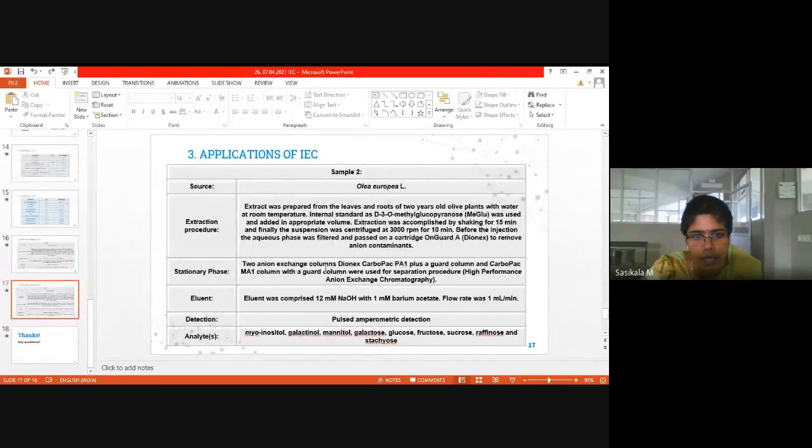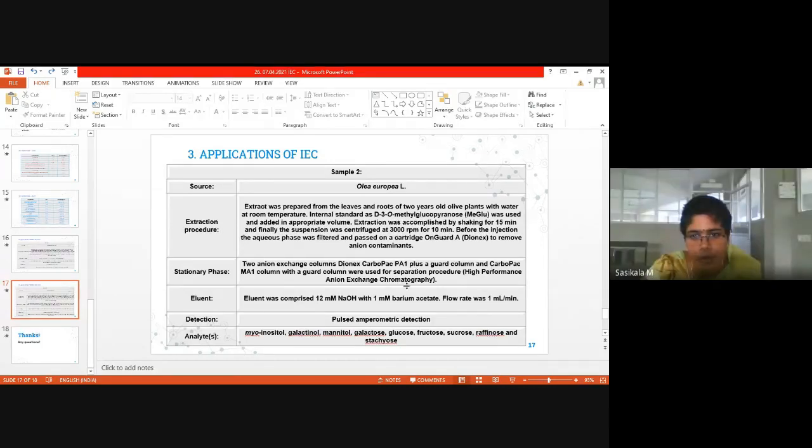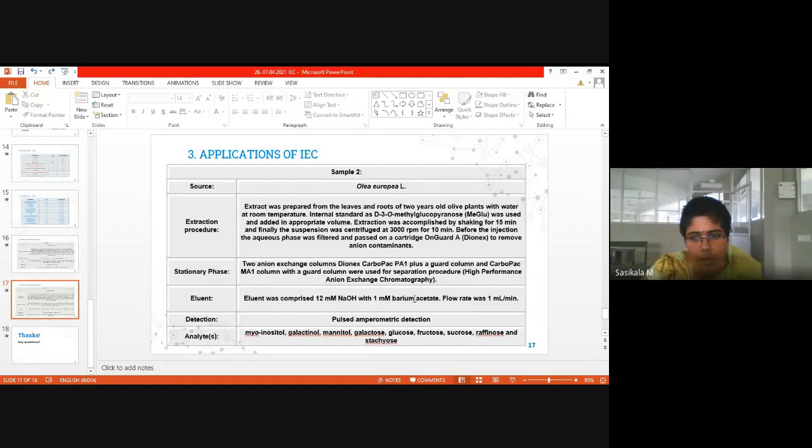Two anion exchange columns were used, one along with the guard column. You know what a guard column is, it is placed between injector and analytical column. It is high performance anion exchange chromatography using Dionex CarboPac PA1, the anion exchange column used. And the mobile phase used was 1 millimolar barium acetate with sodium hydroxide as basic, anionic pH.